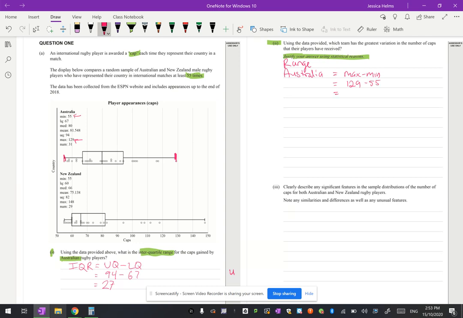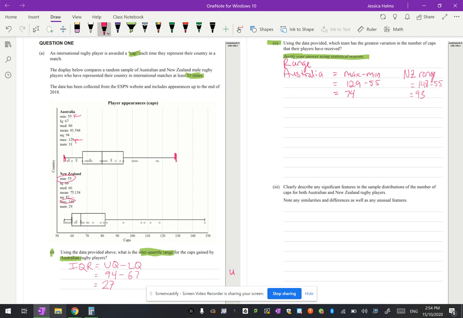And that equals 74. Okay, now the range for New Zealand, that is equal to 148, so 148 minus 55, and that is equal to 93.